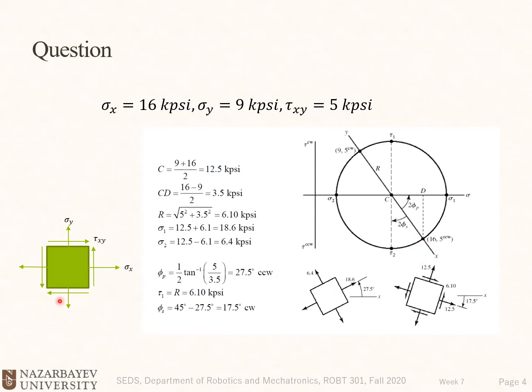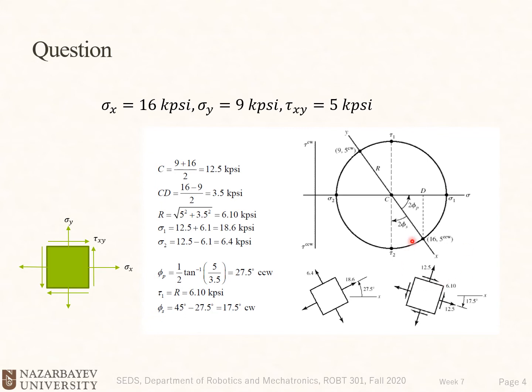So for example, if we want to rotate the x side, we need to go counterclockwise, and then the x coordinate system will now be the sigma 1 coordinate system. Or we could say the stress on this side of the cube, after rotation, will be a normal stress equal to sigma 1.